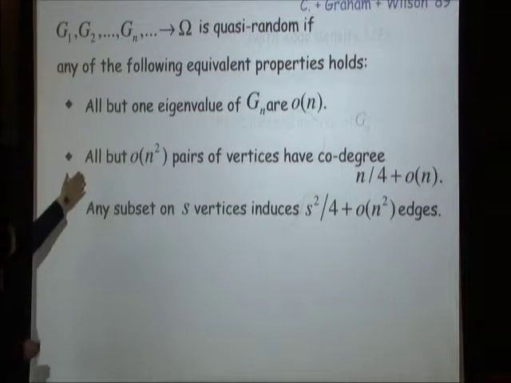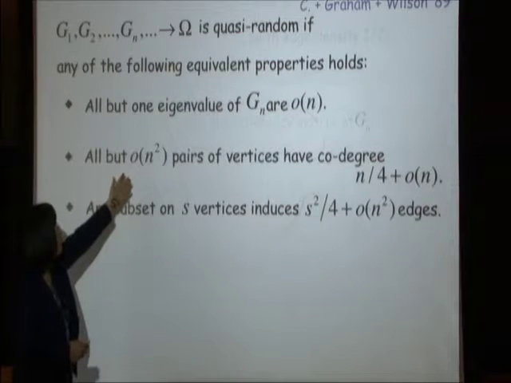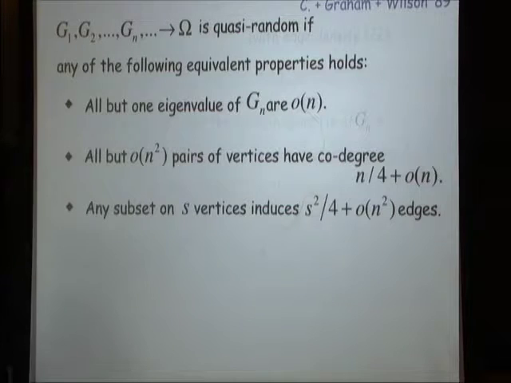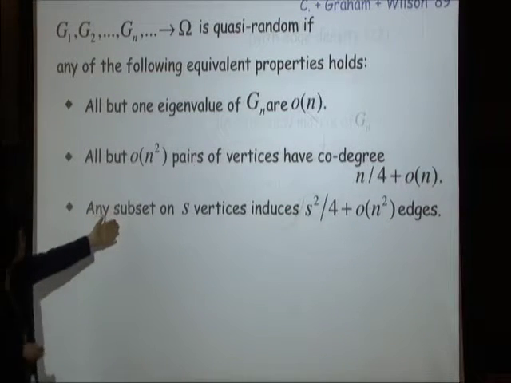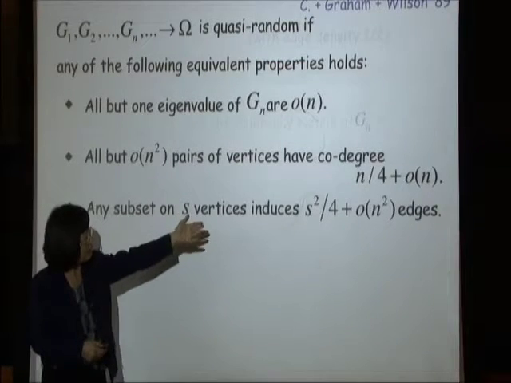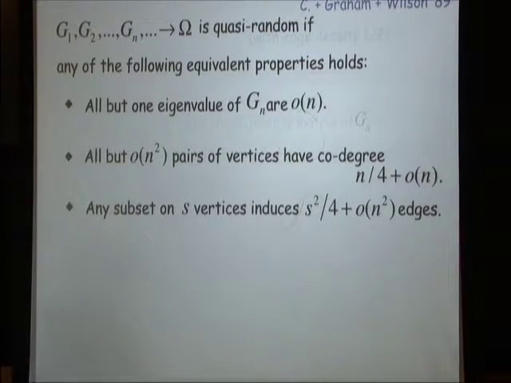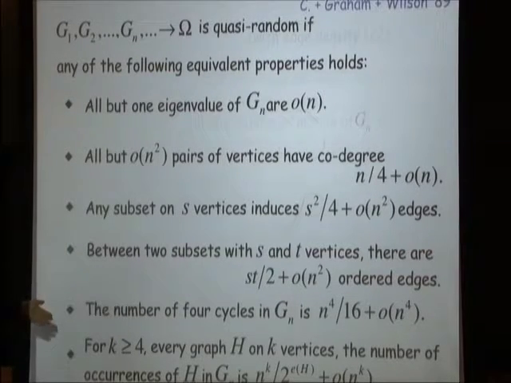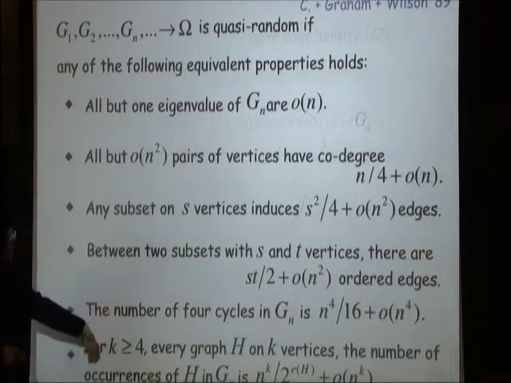This is equivalent to the case that any pair of nodes has co-degree n over 4, which is a reasonable thing. Any subsets induce about the right number of edges, or between two subsets you have the right number of edges. The number of 4-cycles is right.